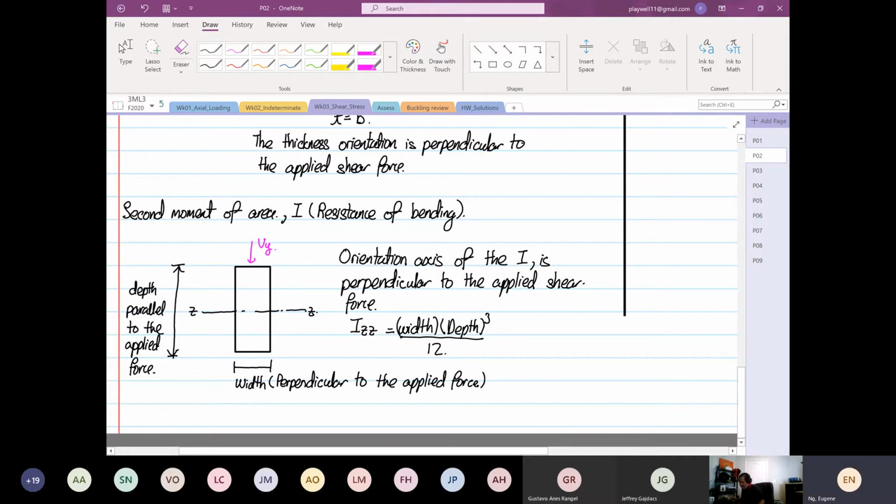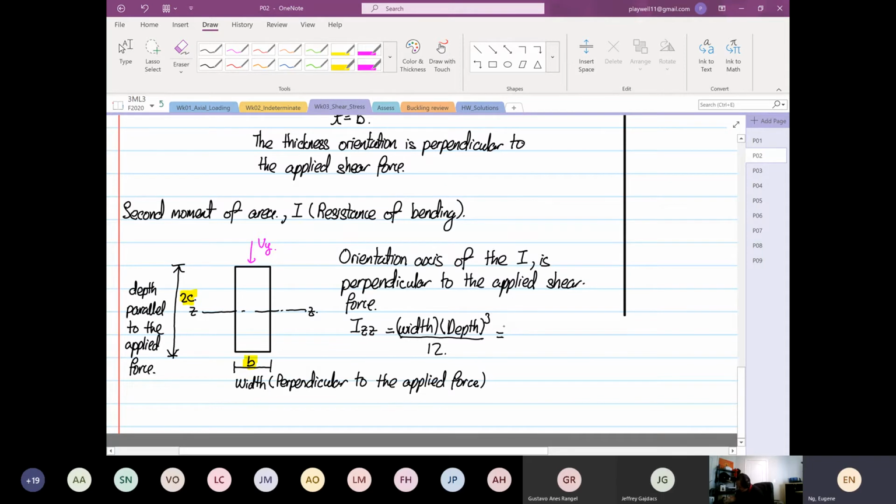You can see from here, right? So for this case, we know that this is equal to B, right? The distance from here to here is equal to 2C based on the diagram. So this is B and this is 2C. So over here, IZZ will be equal. So the width is what?